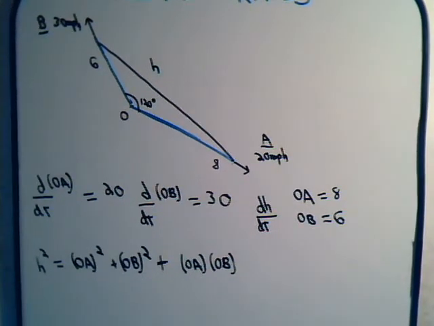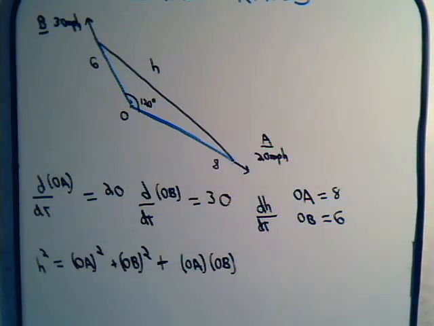So h squared is equal to OA squared plus OB squared plus OA times OB. And we know what the derivative of this is, and the derivative of this. Now we want to find an expression for the derivative of h, and what its value is going to be when OA has this value and OB has this value.